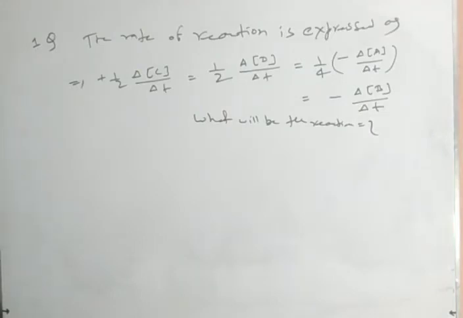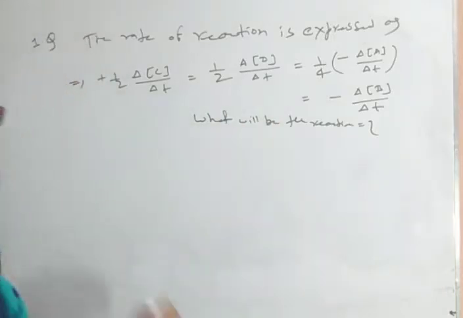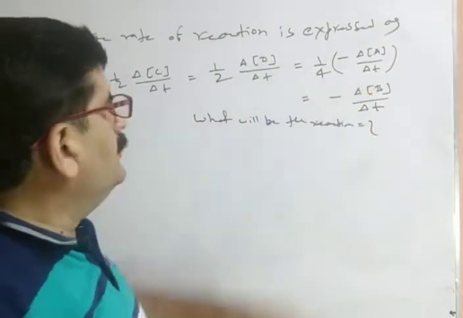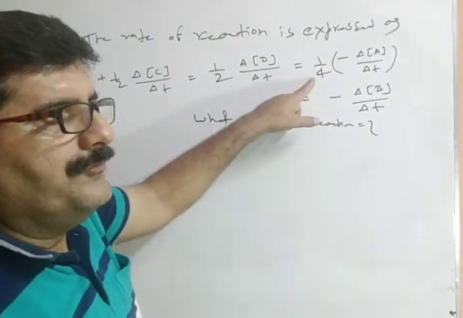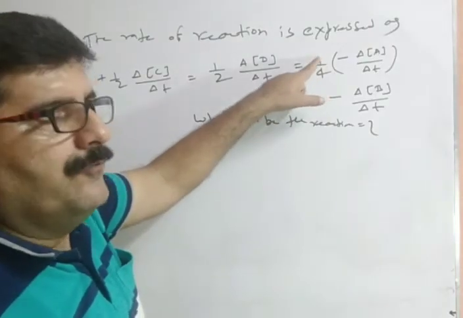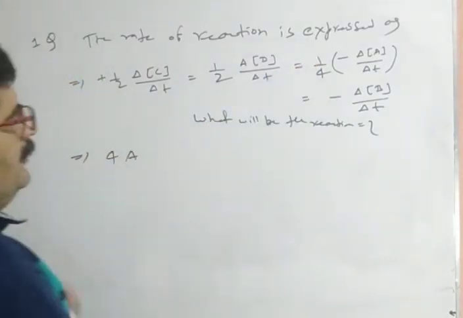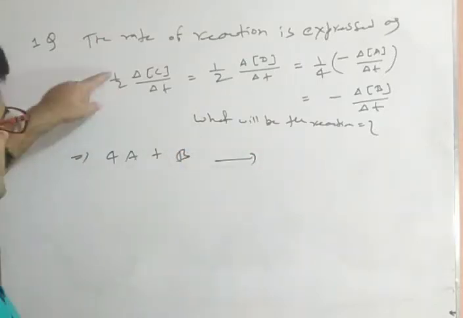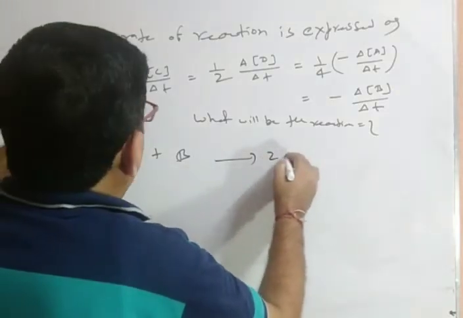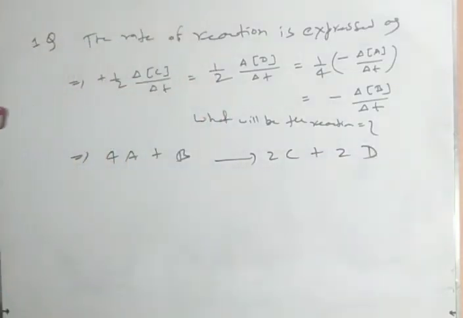So such a relation is said to be what? The rate of reaction. So we can write what? A and B are called reactants and C and D are called what? Products. So if the stoichiometric coefficient is removed and multiplied by 4, that is said to be what? 4 mole of A. Similarly, 1 mole of B gives 2 mole of C and 2 mole of D. Why?